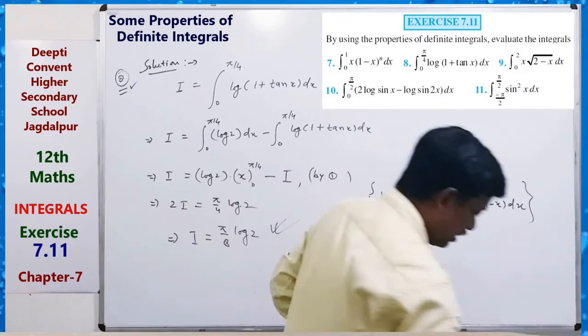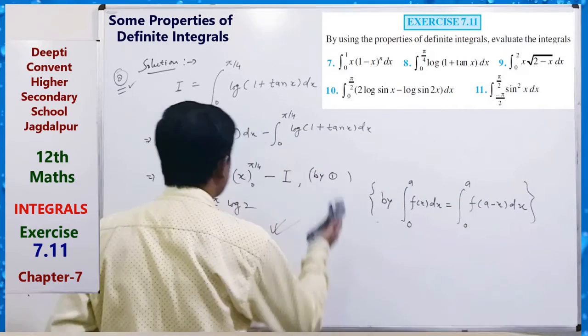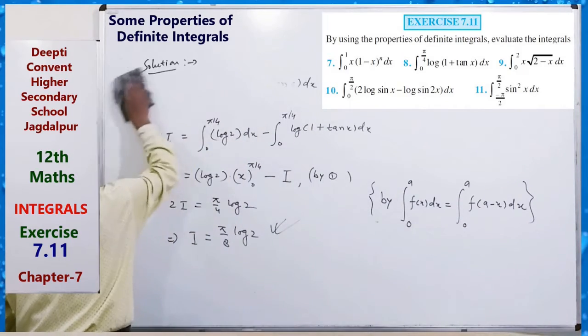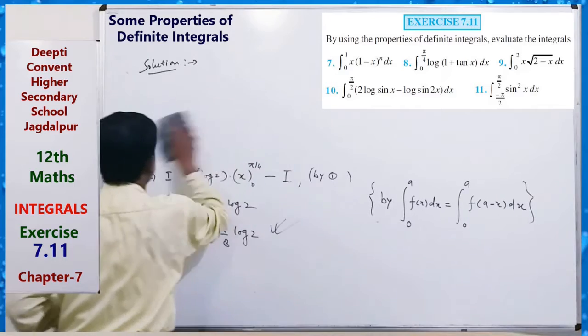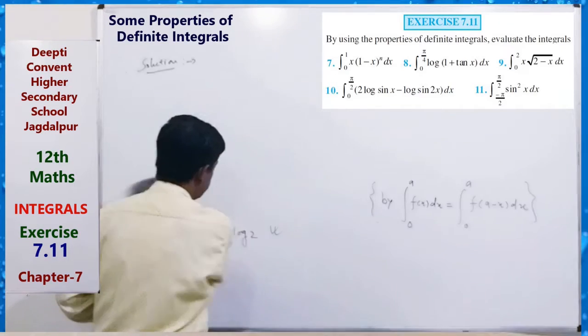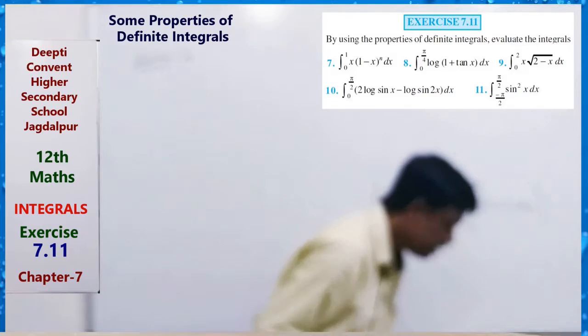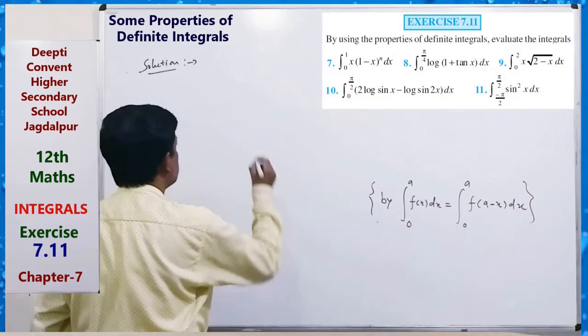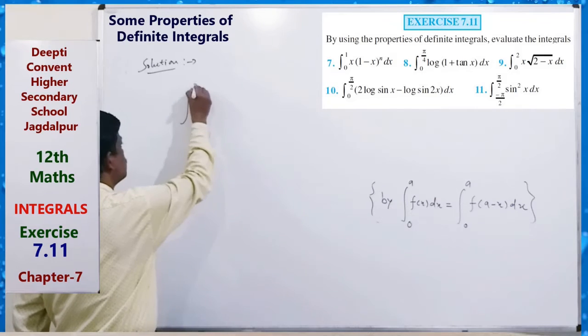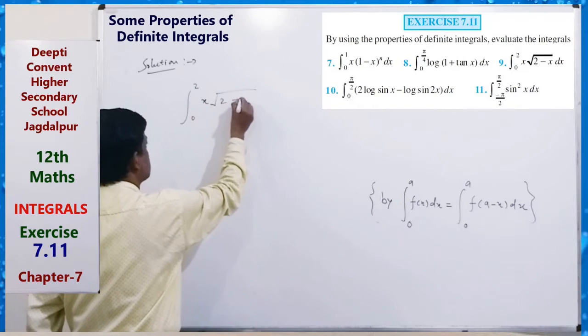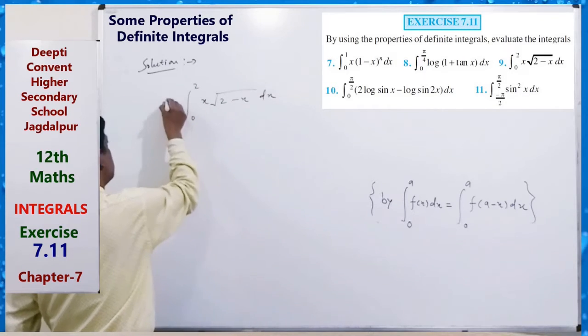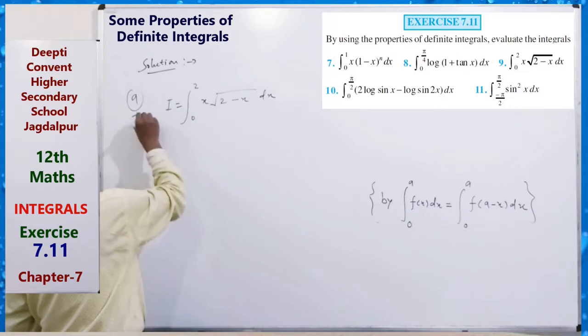Now see question 9. Given the integral from 0 to 2 of x root (2 minus x) dx, I equals this. Very simple.